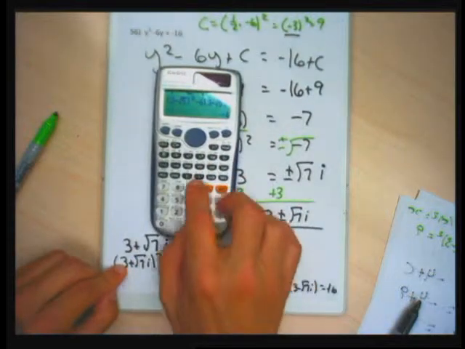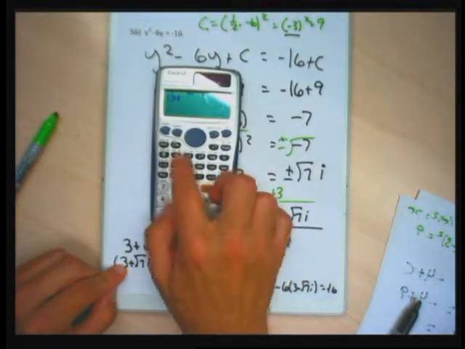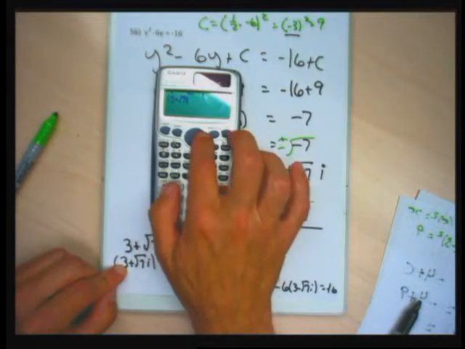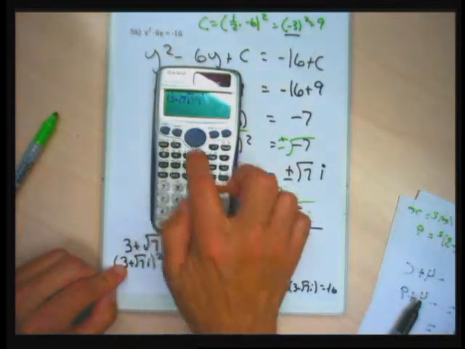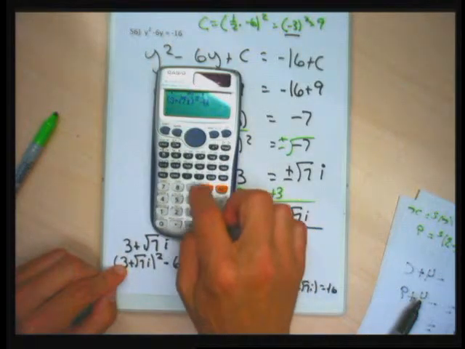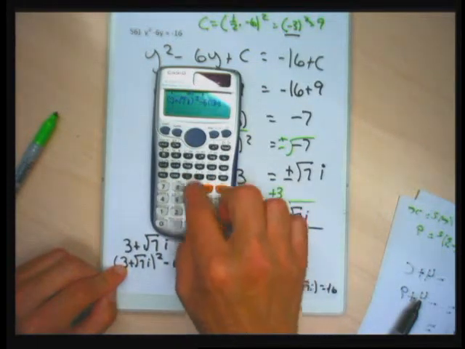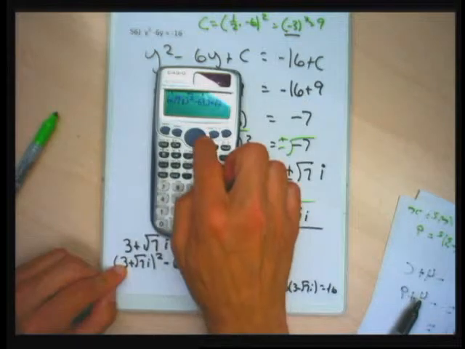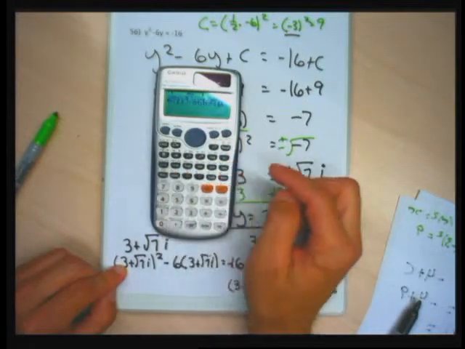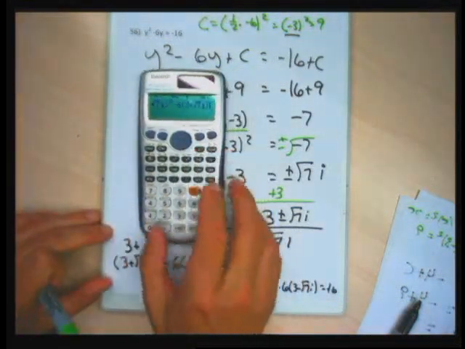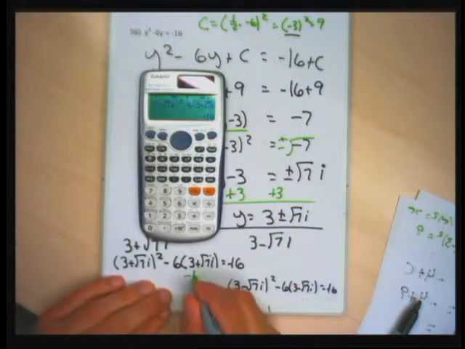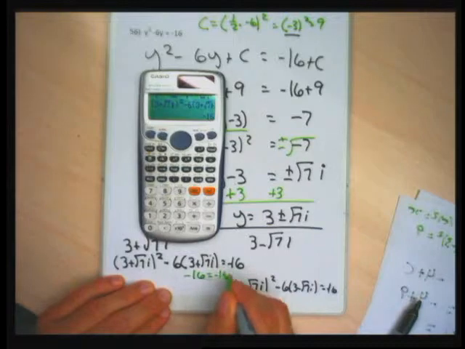I do parentheses 3 plus the square root of 7, arrow out of the square root, ENG button for the i, parentheses squared minus 6 parentheses 3 plus the square root of 7, arrow out of the parentheses, ENG for the i, close my parentheses. When I hit equals, hopefully I see negative 16, which I do, so I know the first one is the correct solution.